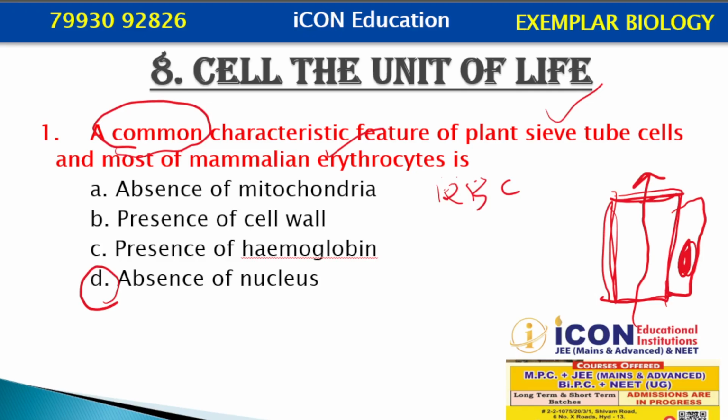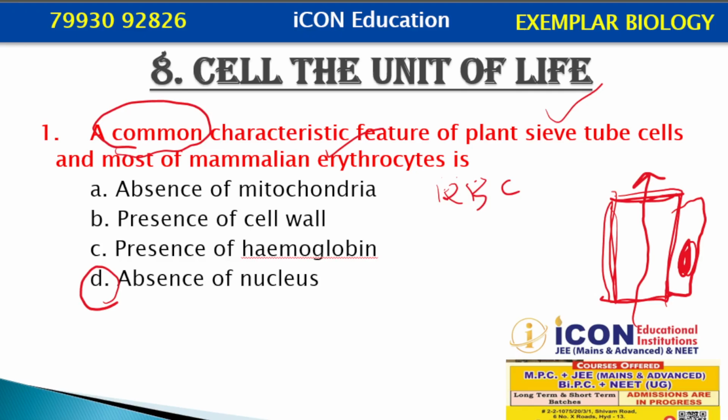Now, what about RBC? Why do RBCs lose the nucleus? RBCs lack nucleus to give maximum space for hemoglobin, because that enables them to carry more oxygen. To carry more oxygen they need more space.